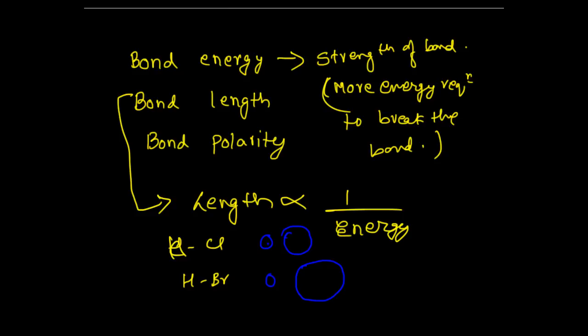The distance between the centers is less in this case, but higher in this case. So the bonded electrons are less attracted by the nucleus because the bond length is higher. Hence, since the bonded electrons are attracted less, the increase in bond length means the decrease in energy.